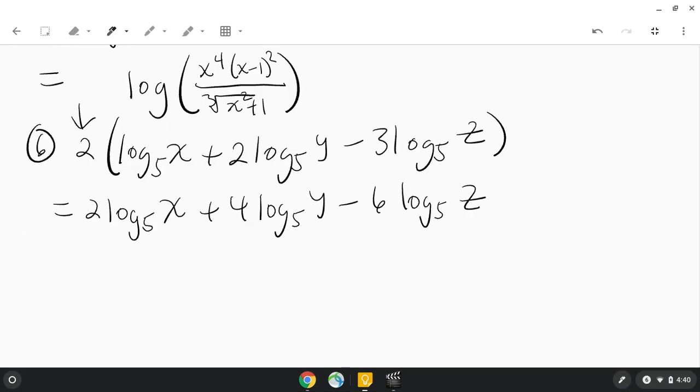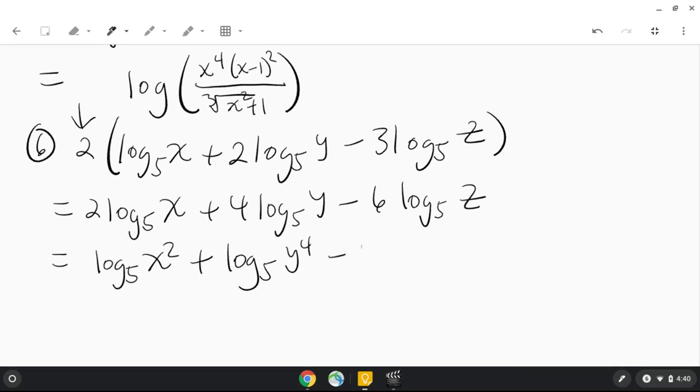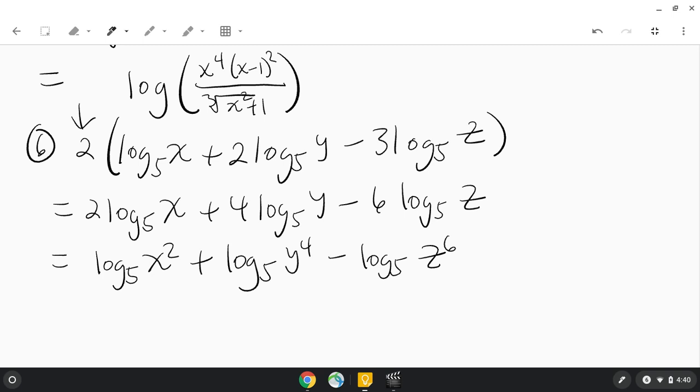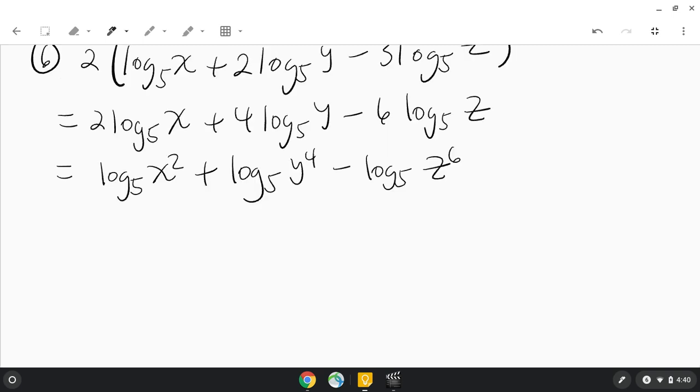Now we'll move those front numbers to the exponent position. This will be x squared, this middle one will be y to the 4th, and this last one will be z to the 6th. Now that we have all our numbers moved back to the exponent position, I can condense this and write it as a single log.